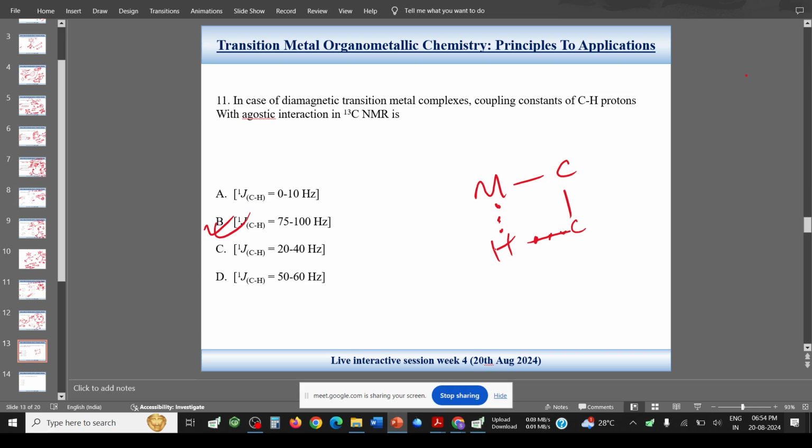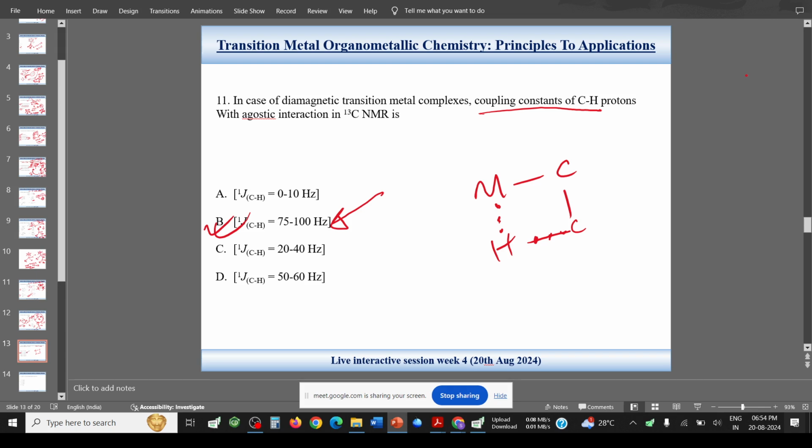That's why this carbon-hydrogen bond becomes weaker, and for that reason the complexes having the agostic CH protons will show a lower coupling constant compared to a CH bond that doesn't show the agostic interaction. So this value is normally less than the normal value.